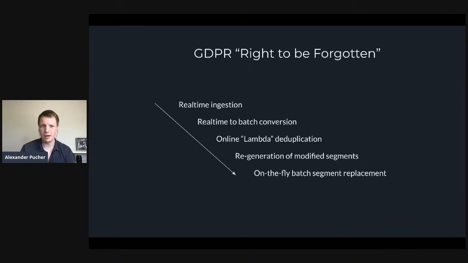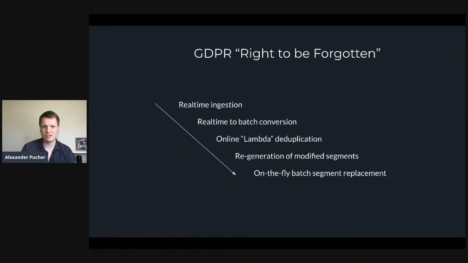The high-level solution, I already suggested this, right? You have real-time ingestion, while eventually this real-time data is packaged into these batch or offline segments. And then Pinot can handle this online deduplication of real-time information and these offline segments. The offline segments can essentially be opened up or even regenerated from source data by some kind of housekeeping job.